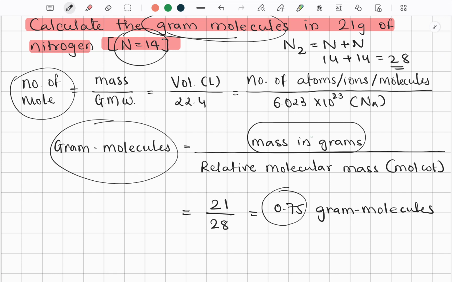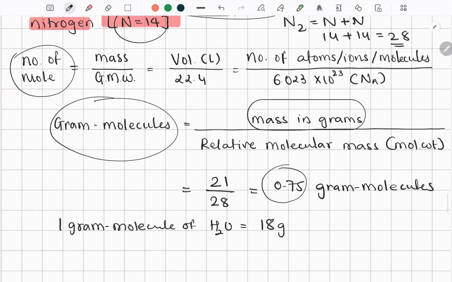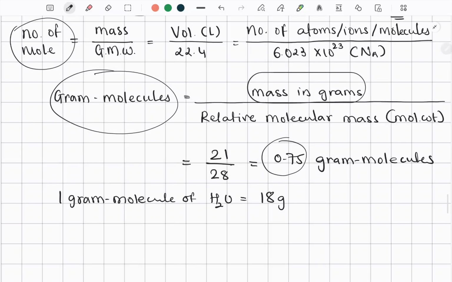So if both these are the same, what can we say? We can say that 1 gram molecule of water is equal to 18 gram. Same, 1 gram molecule of CO2 is what? 44 gram. So gram molecule means the molecular weight of a compound expressed in grams, and it contains 6.022 into 10 raised to 23 molecules.